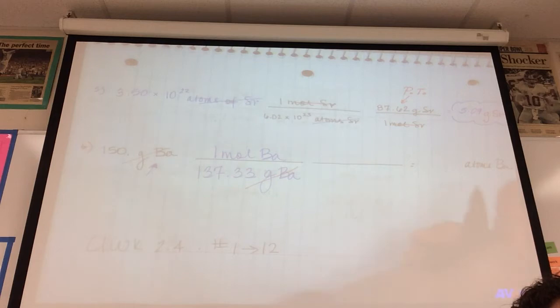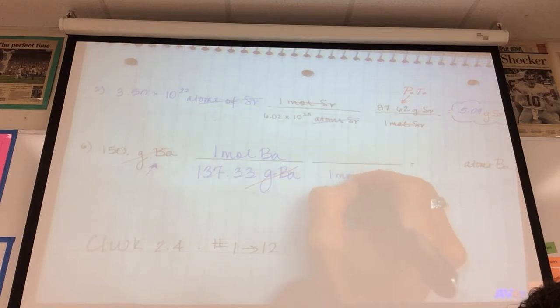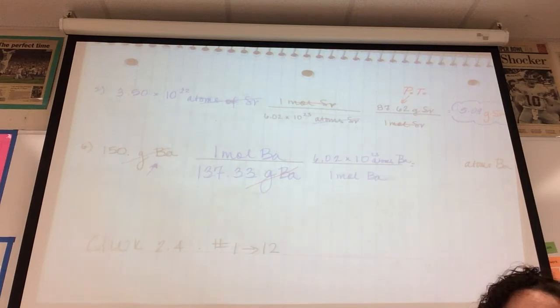Now we got to go moles to atoms. So if we have 1 mole of barium here, what's going in the denominator? And what goes in the numerator if we want this unit? You got it. Multiply the numerators, hit equals, divide by the denominator.